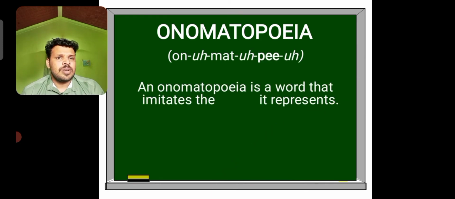So you know what arbitrariness is. Before we go through onomatopoeia, you have to learn what arbitrariness is. Arbitrariness is a feature of human language that there is no logical or iconic relationship between the word and object.